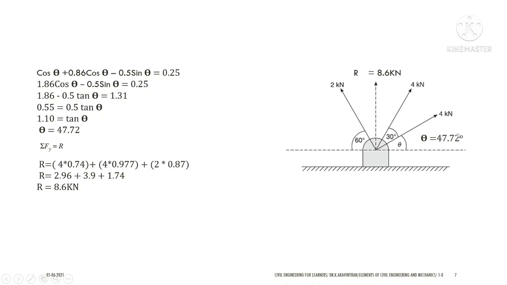Sine 77.72 degree is 0.97, which is multiplied here, and the next component is 2 into sine 60, and sine 60 is 0.87. All the things are acting upward, and after adding all the components you will get R as 8.6 kilonewton.